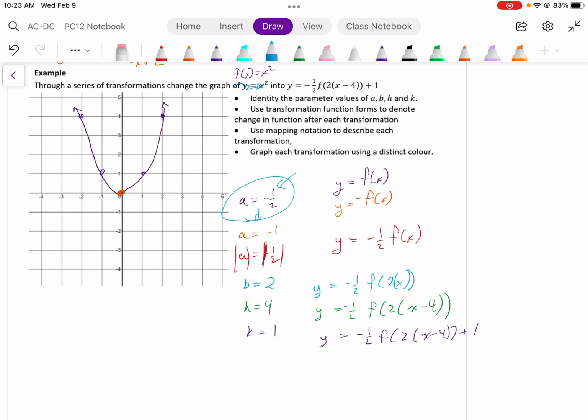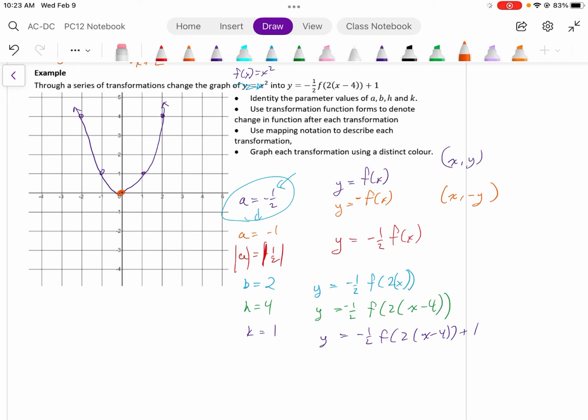Now I'm just going to start graphing this. So hold on. Should I start graphing or should I do point notation? I'm actually going to do point notation here. So really, I start off with plain (x, y). And then if a is equal to negative 1, that implies a reflection upon the x-axis, which changes y, so it becomes (x, -y).